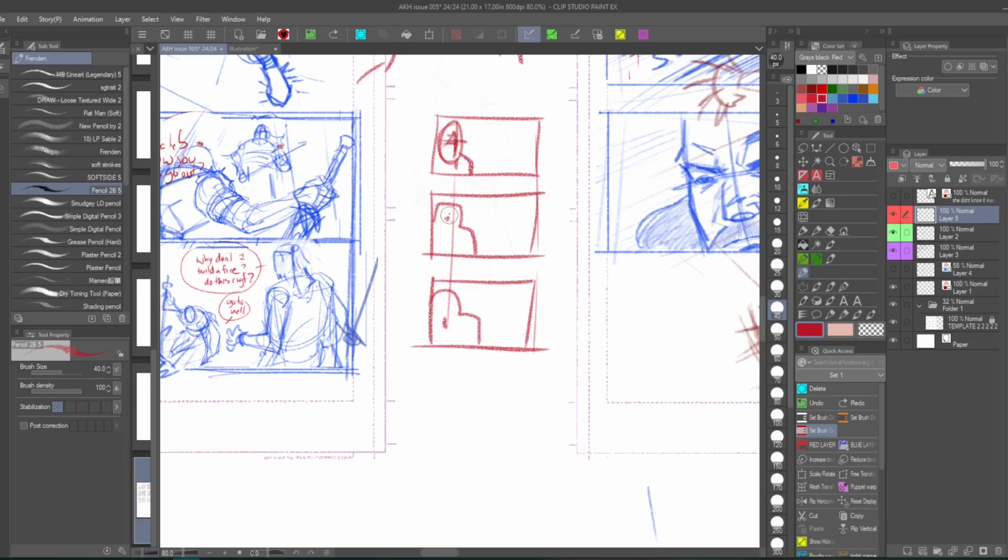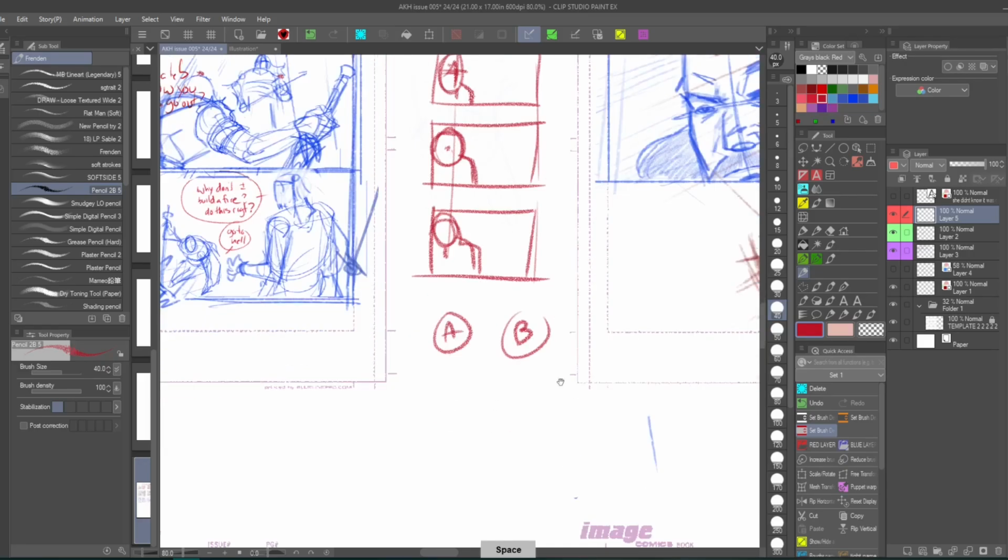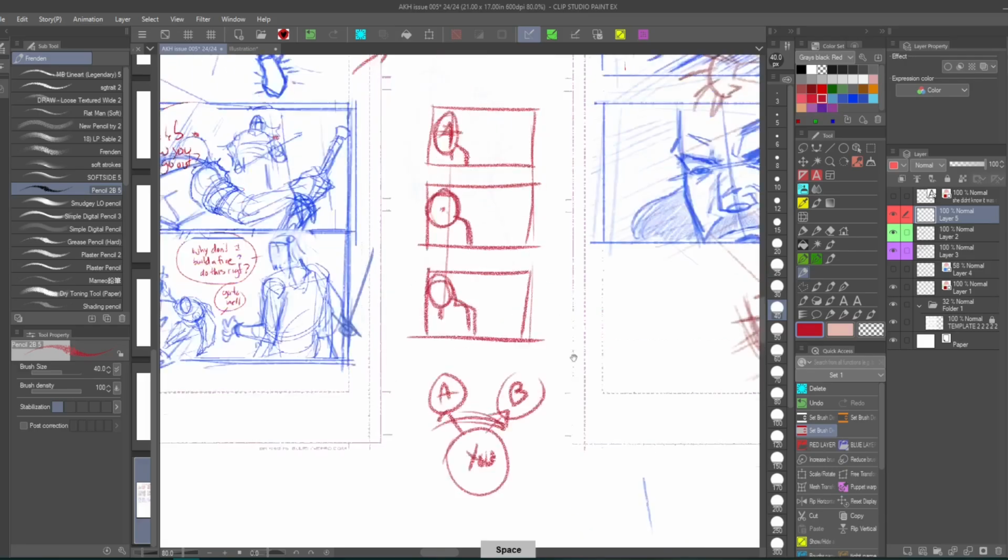But in conversations, if character A and character B are standing there having a conversation and you are watching, you're going to keep jumping back and forth between who's talking and who's not talking.